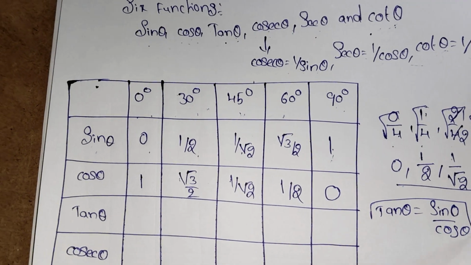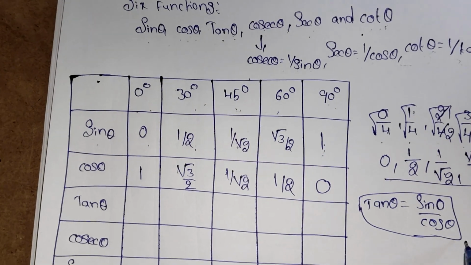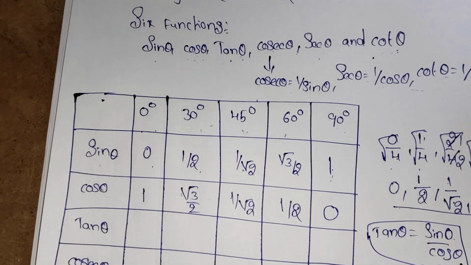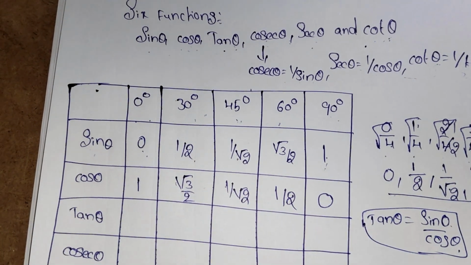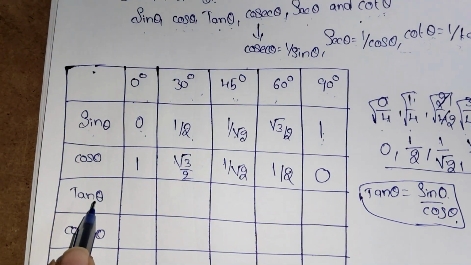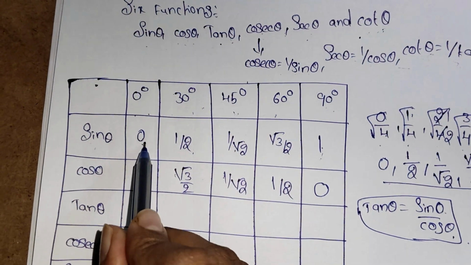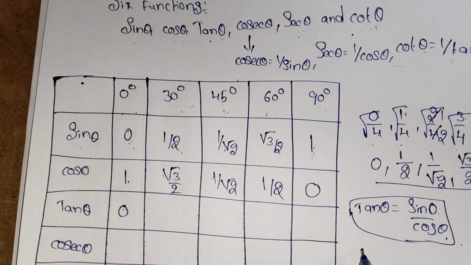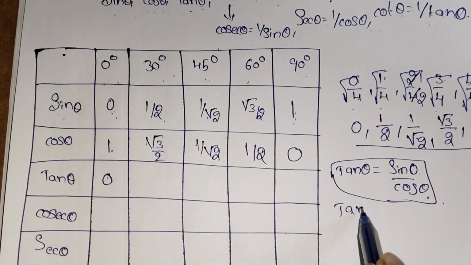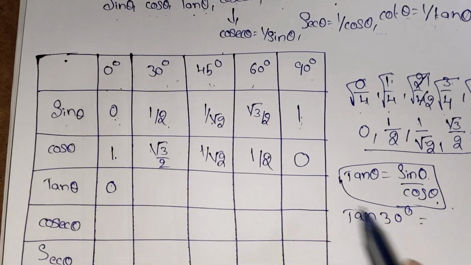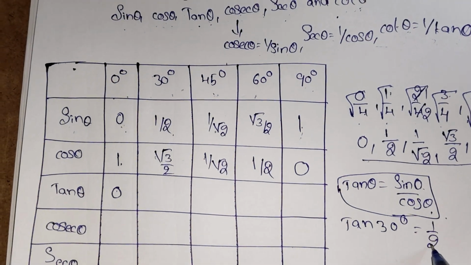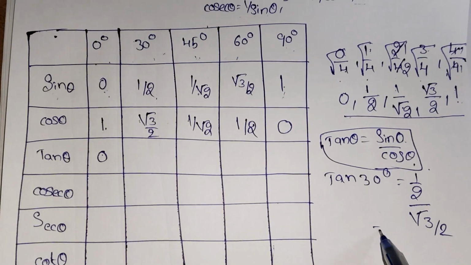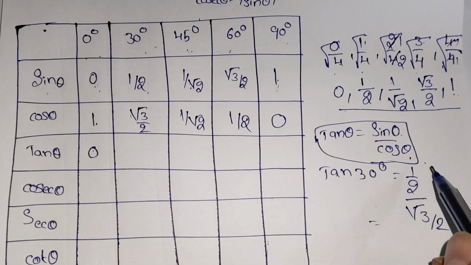This is one of the important formulas in trigonometric functions. Initially, tan 0 degrees is 0 by anything, which is 0. Now tan 30 degrees equals 1 by 2 divided by root 3 by 2.